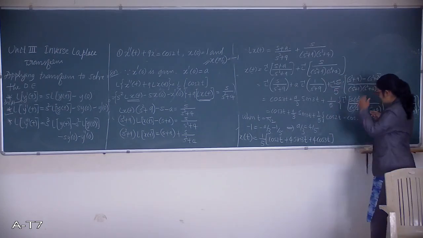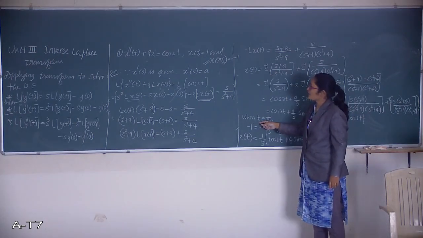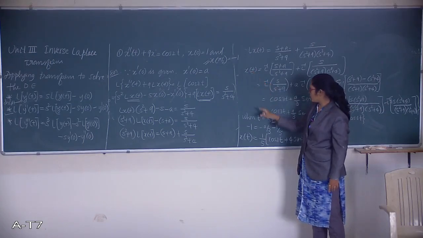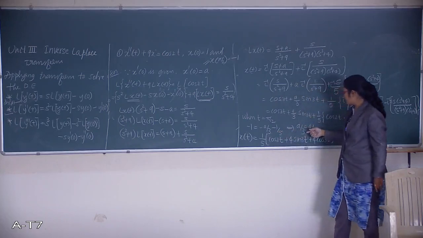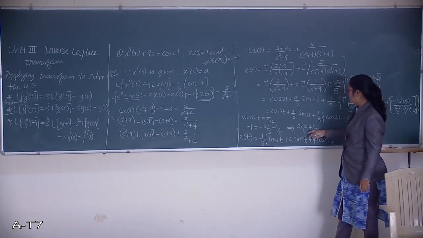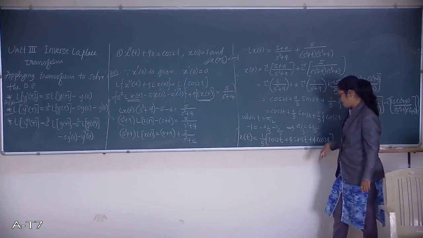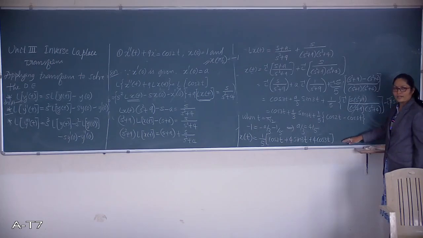And this is the simplified form. The condition is when x of pi by 2 is minus 1. So minus 1 is equal to the values; when you substitute, you will get a by 3 is equal to 4 by 5, or you can write a is equal to 12 by 5. Then x of t is equal to, after substitution, this is the final answer.